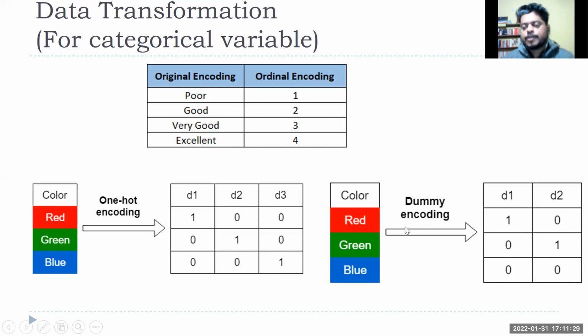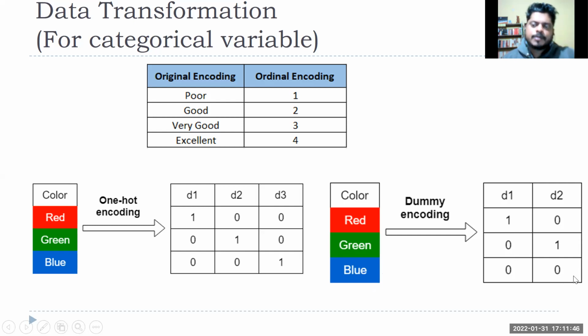So in dummy encoding, in this case, I create two variables: red is 10, green is 01, and blue automatically takes the value of 00. It is similar to saying there is another variable called d3 which takes a value of 1.